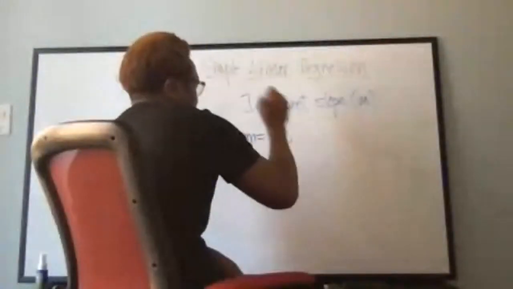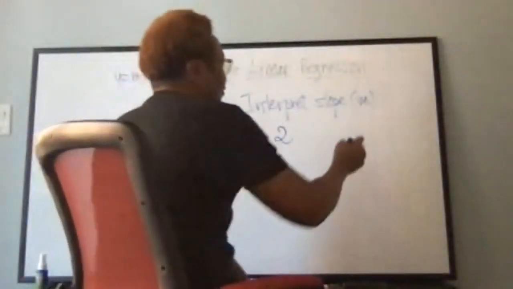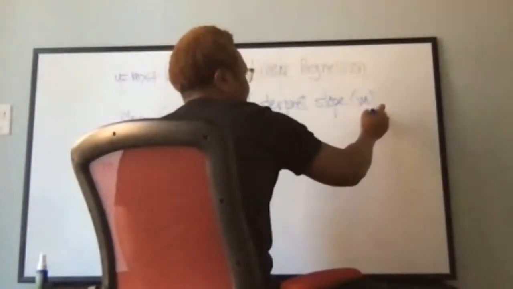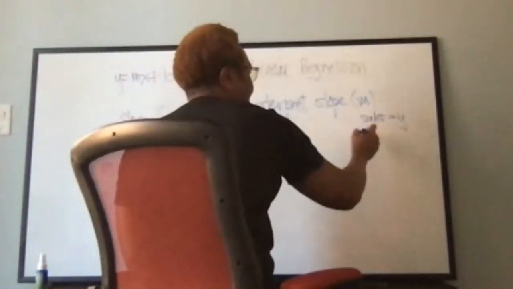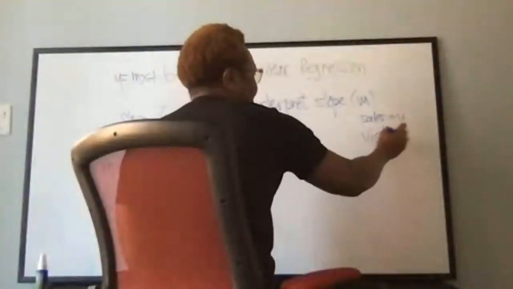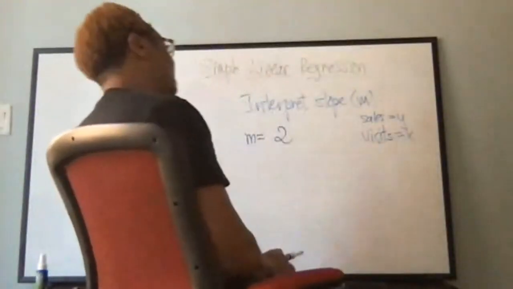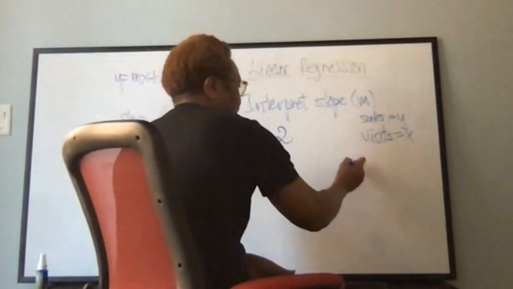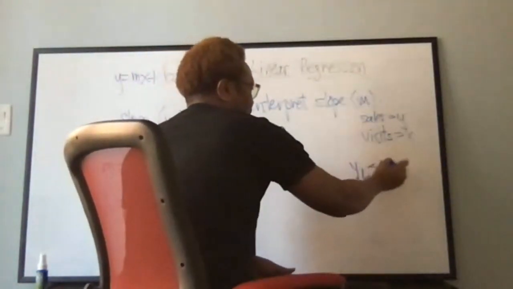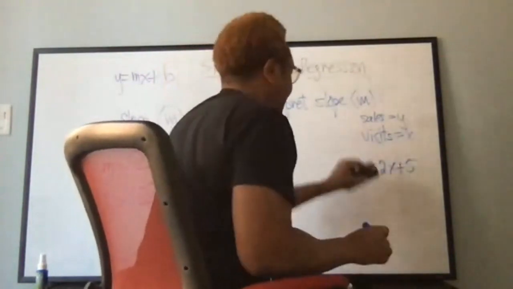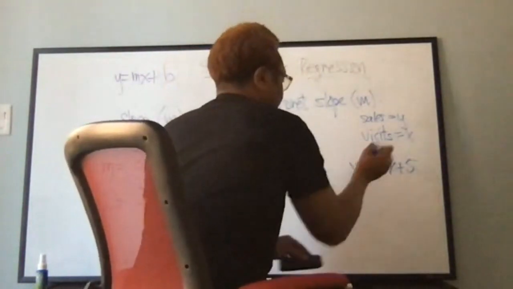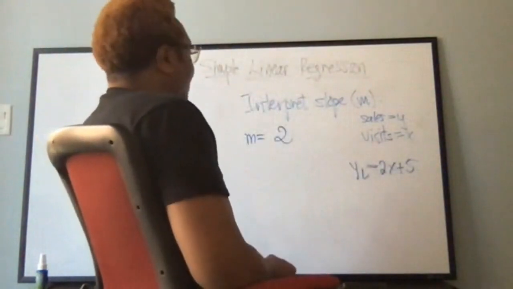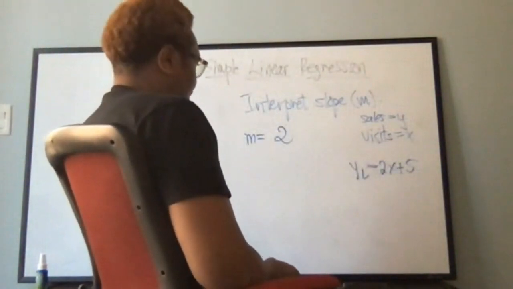Let's say m is 2. In this scenario, sales was y and visits to the store was my x, and you ended up with something like y equals 2x plus 5. So I know that my m is 2.